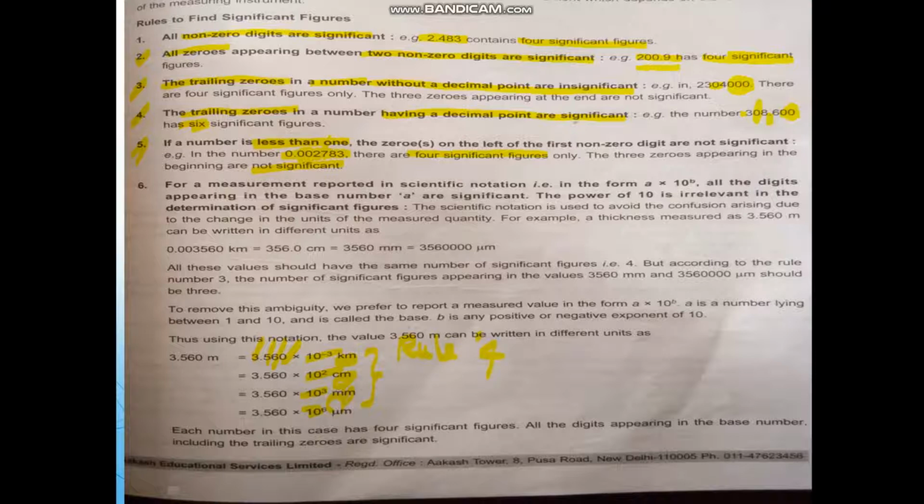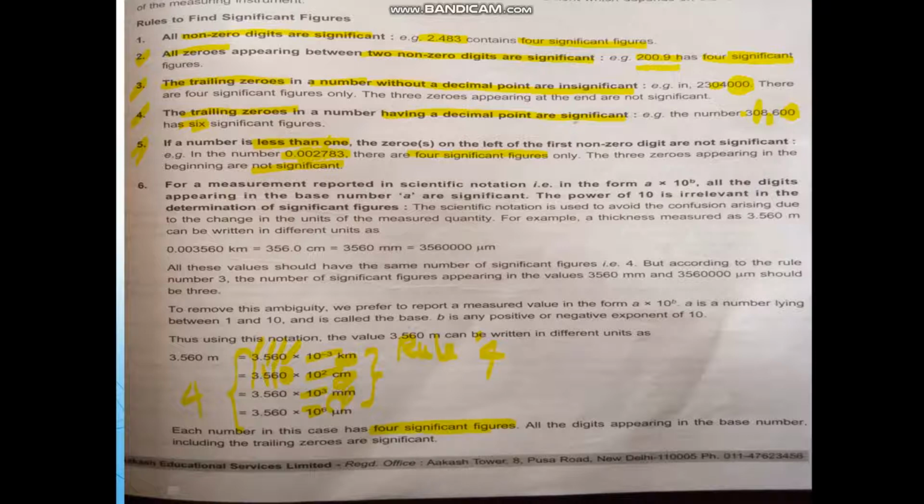See the rule 4, we have learned that all the zeros after the decimal point are significant. So this 0 is also significant. Here also 3 is significant, 5 is significant, 6 is significant, and since this 0 is after the decimal point, this 0 is also significant. So all these numbers have four significant figures.